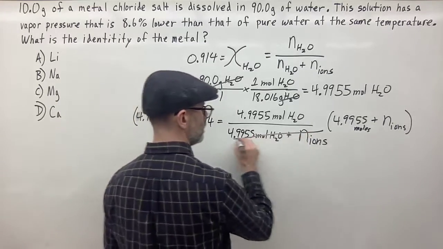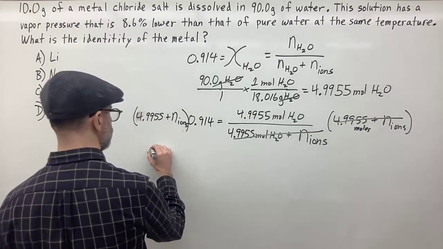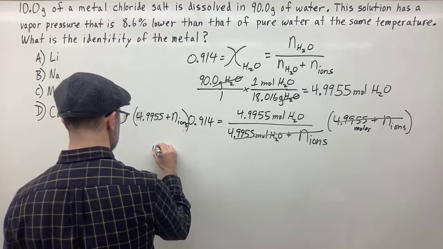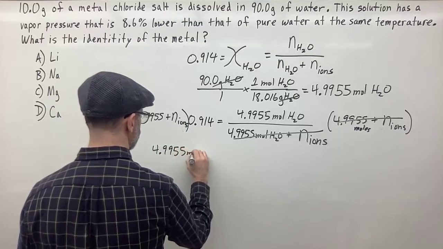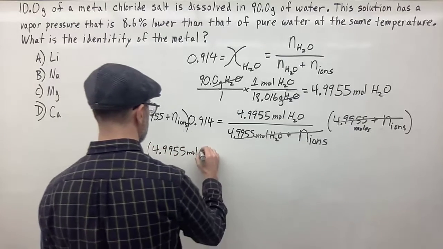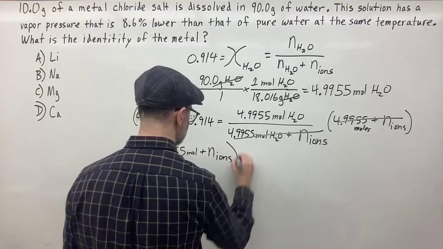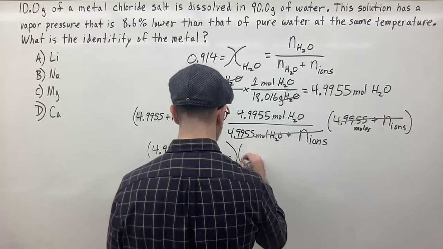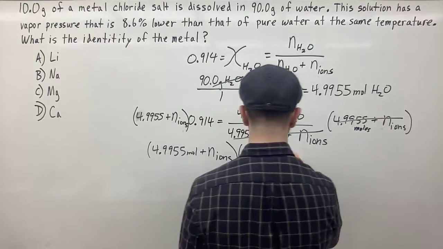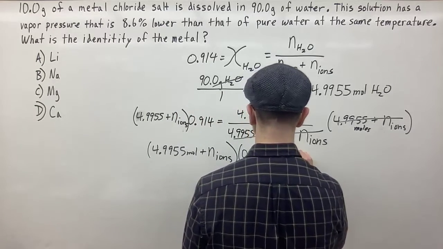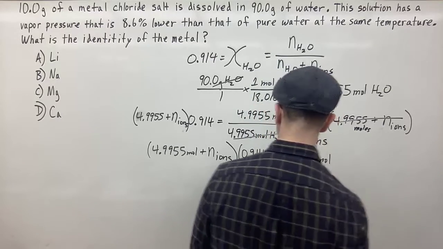So then this cancels out with this. And so now I have 4.9955 moles plus the number of moles of the ions multiplied by 0.914 is equal to 4.9955 moles.